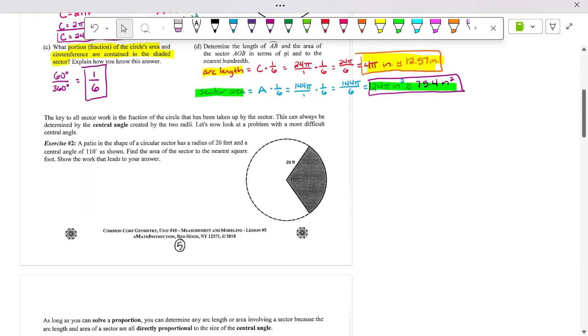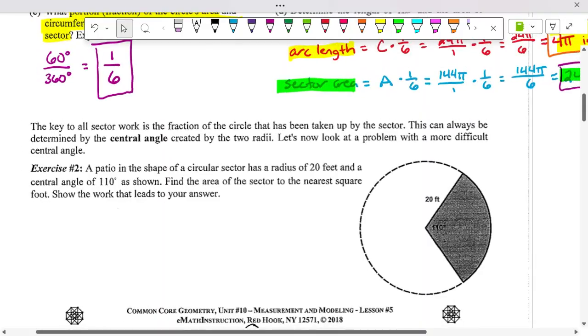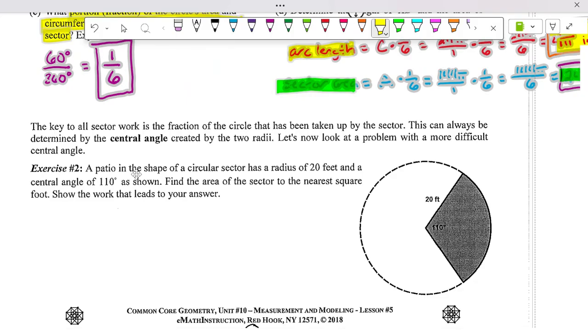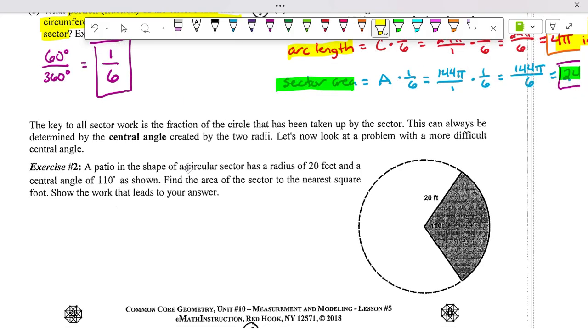So let's look at another example here. A patio is in the shape of a circular sector which has a radius of 20 feet and the central angle of 110 shown. So we're going to find the area of the sector to the nearest square foot.